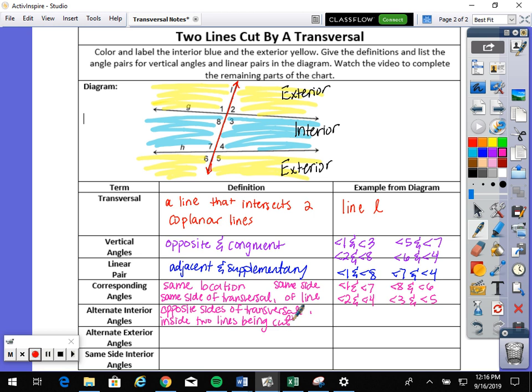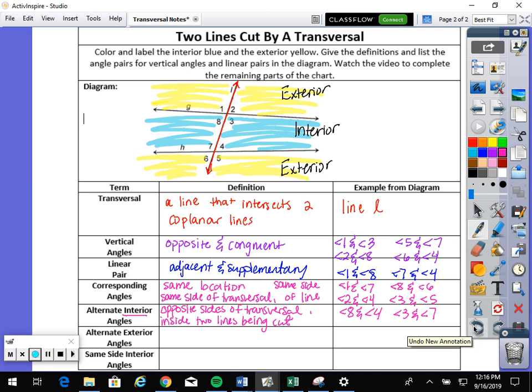So, in our example, the alternate interior angles are going to be angle 8 and 4, and then angle 3 and 7. So they are on the interior, that's how we get interior, and alternate means they're on the opposite sides of the transversal. So I have 8 and 4, so one's on the left and one's on the right of the transversal. That's what it means by opposite or alternate.